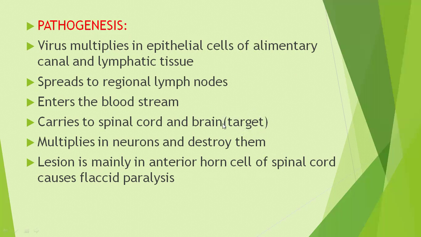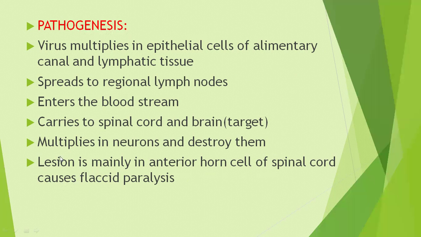After reaching the brain, the virus multiplies in the neurons and destroys the neurons. As the neurons are destroyed, the lesions are mainly seen in the anterior horn cells of the spinal cord, and this leads to flaccid paralysis.